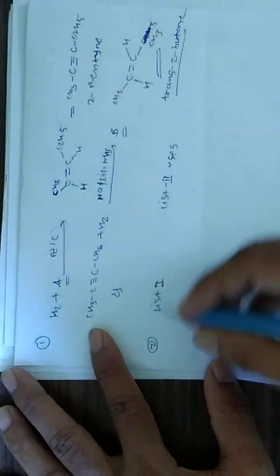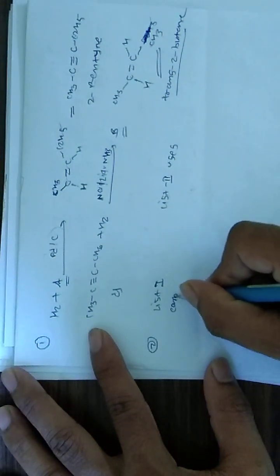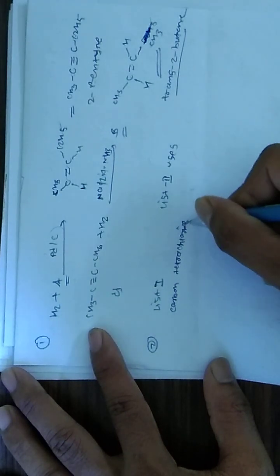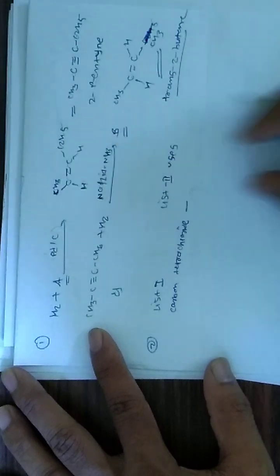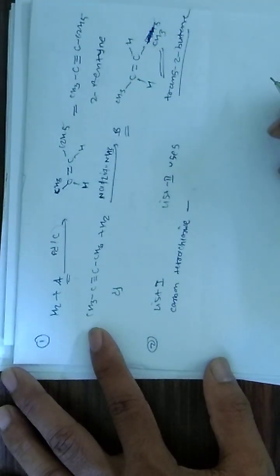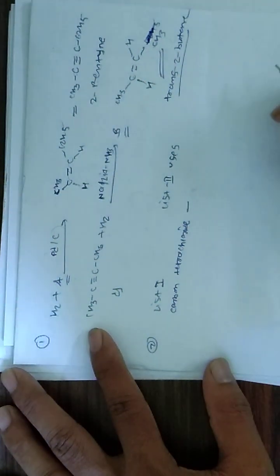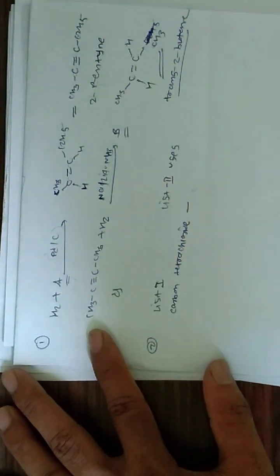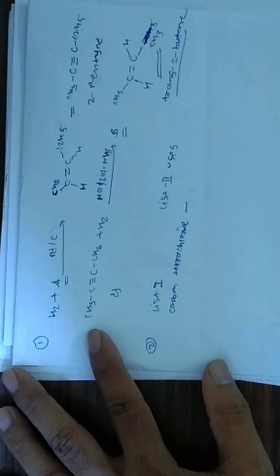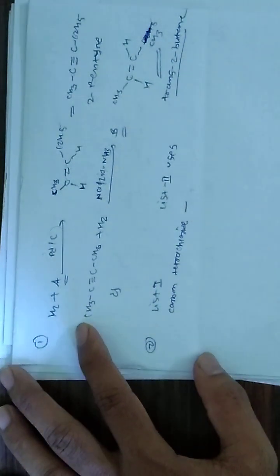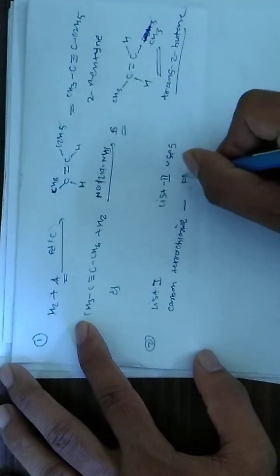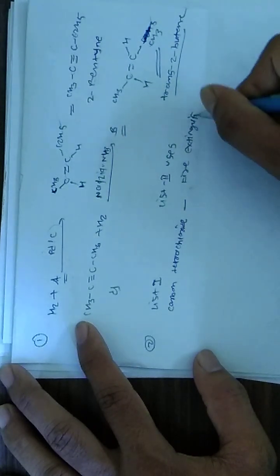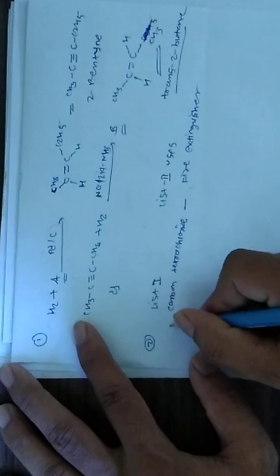I am writing the direct answer here. Four uses were given. Among these, carbon tetrachloride is used as a fire extinguisher.